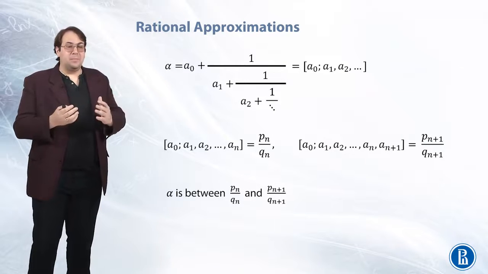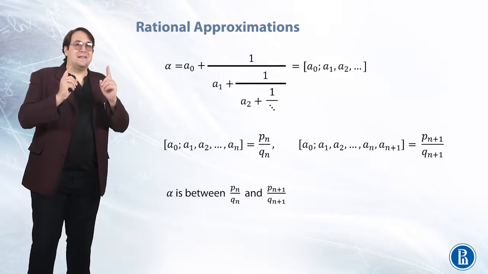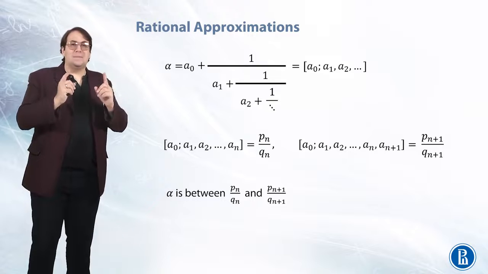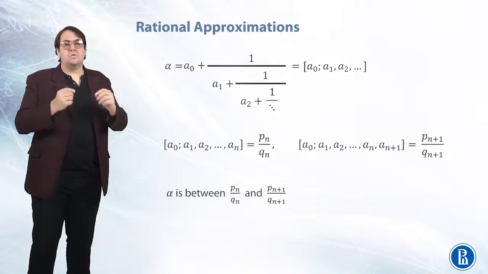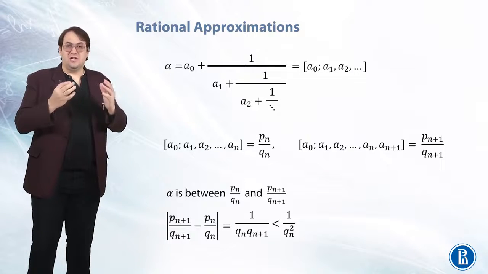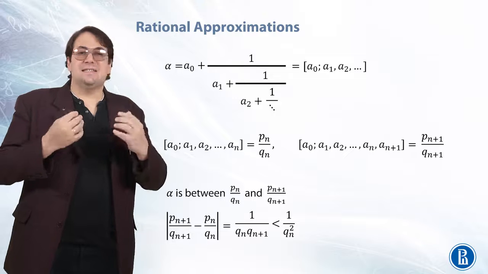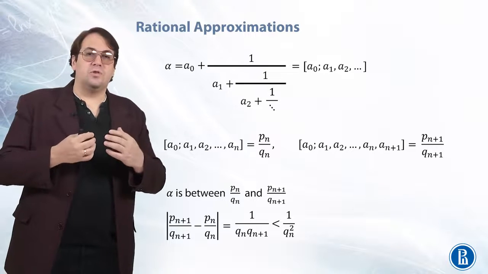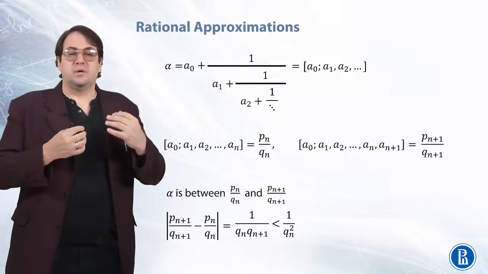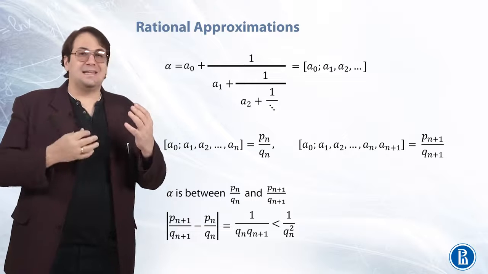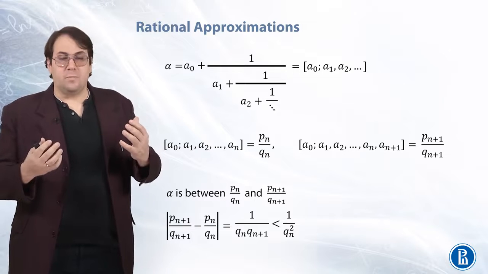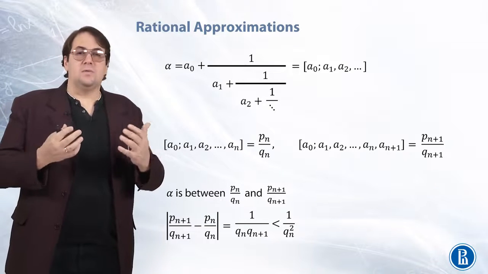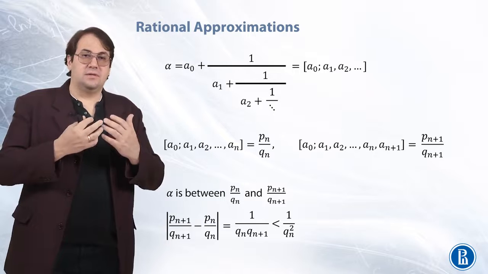At the same time, the distance between these convergents will be equal to 1 over the product of their denominators. And obviously it is less than 1 over qn squared, because qn is less than qn plus 1. All this we know from previous lessons.